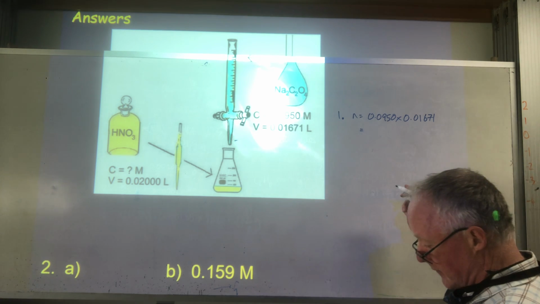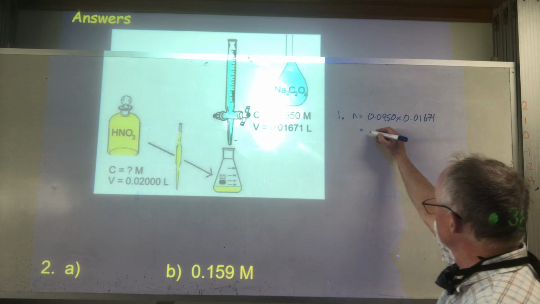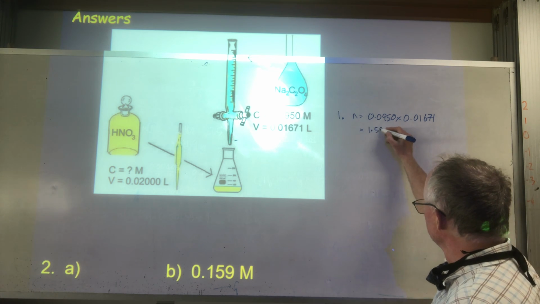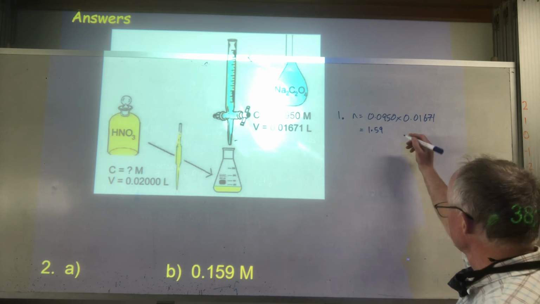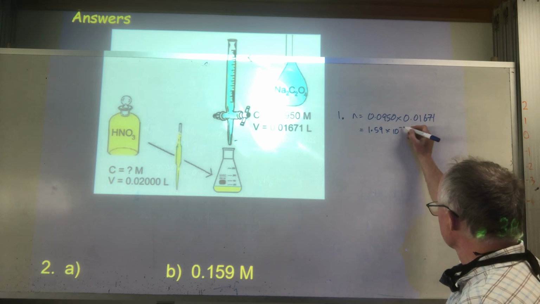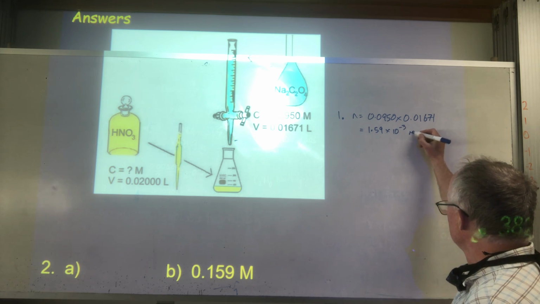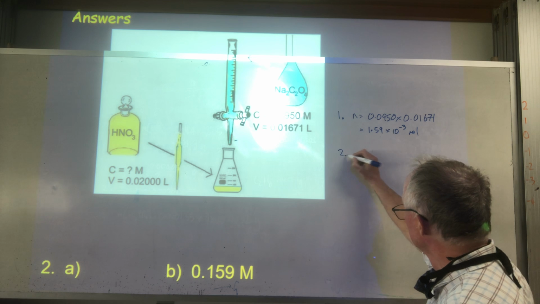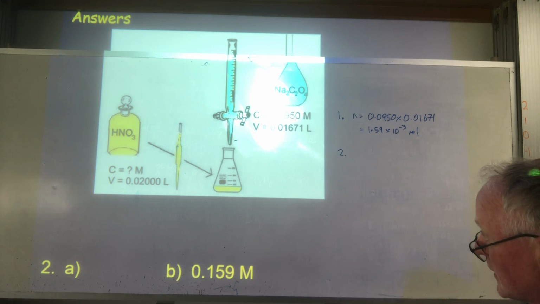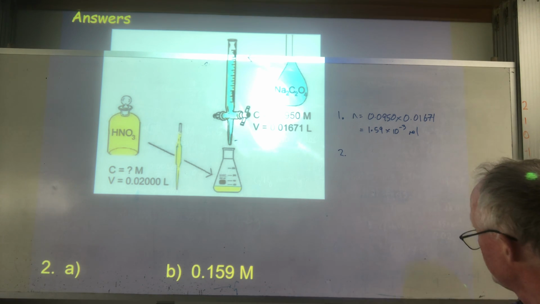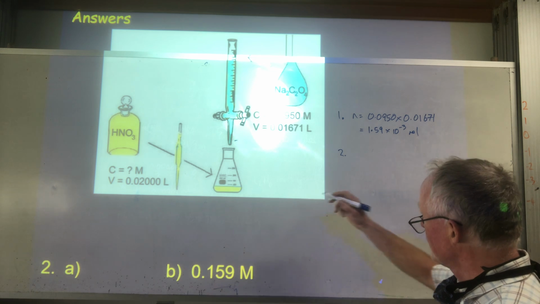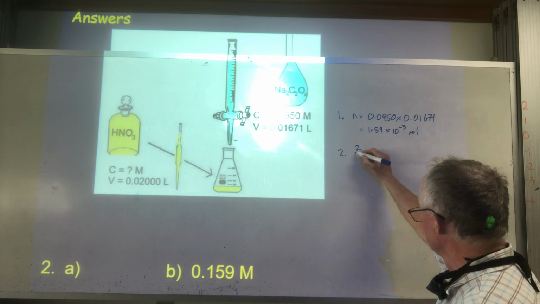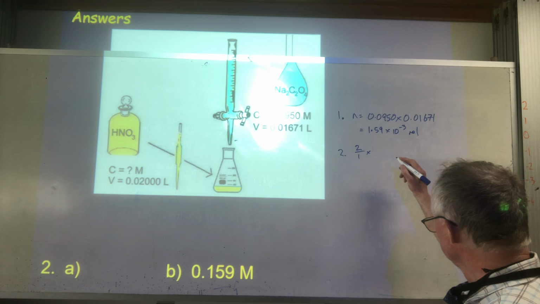Concentrations are given to 3 significant figures there, so I'll be writing my answers to 3 significant figures. So what have I got to get moles of the unknown, the nitric acid? Again, it's a 2 to 1 mole ratio from the equation.